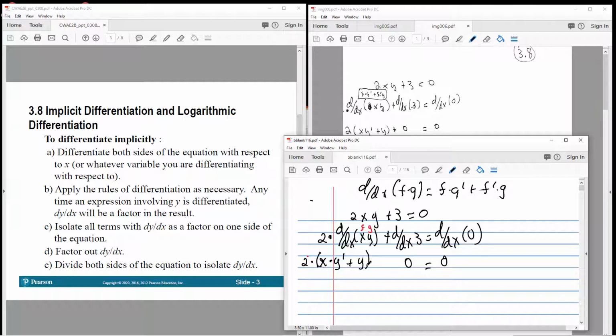Now you can see that if f is equal to x, then f prime is going to be 1. If g is equal to y, implicitly, g prime is going to be equal to y prime. It's an implied function of x. We don't know what it is. Okay, and that's going to be plus 0.